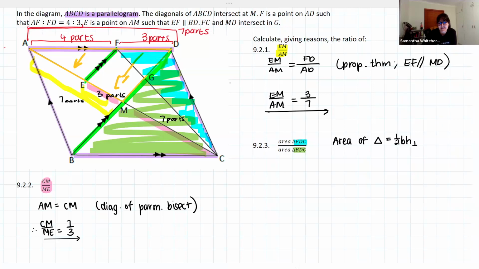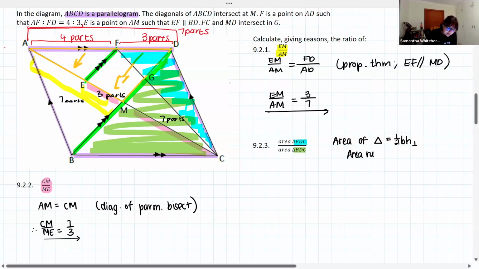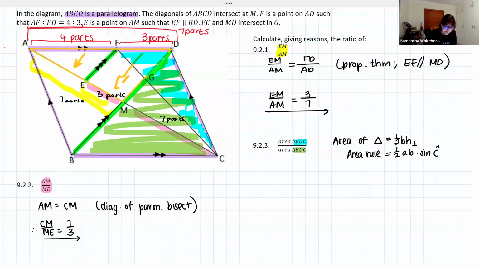By using the sine rule. Okay, almost our area rule. So the area rule tells us that we will take half AB times sine of angle C. Perfect. And guys, just remember so that we know what's what. The angle C is then in between the sides A and B. So that's what we're talking about when we say half AB times sine C. So it's 2 sides and the included angle. Awesome. So those are 2 ways that we can work out the area of a triangle.